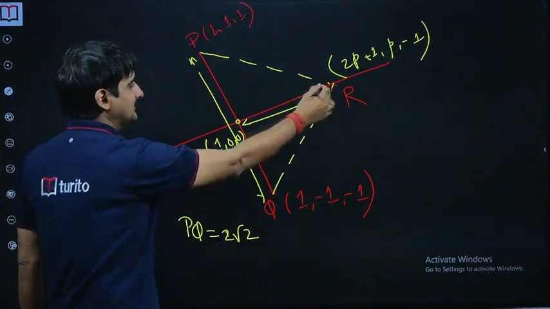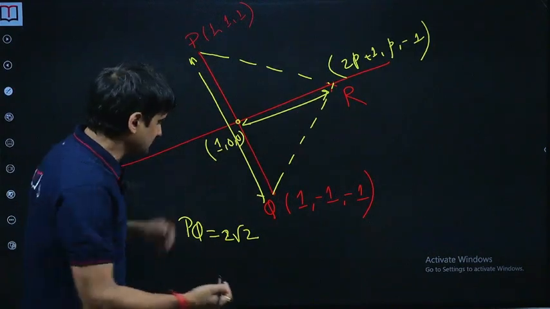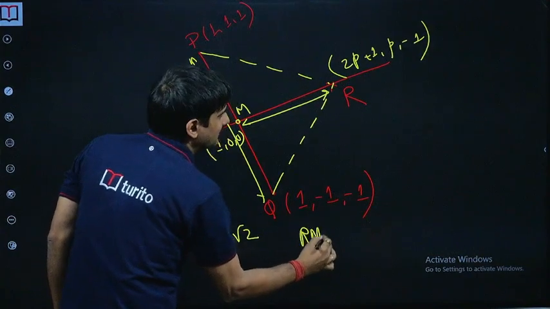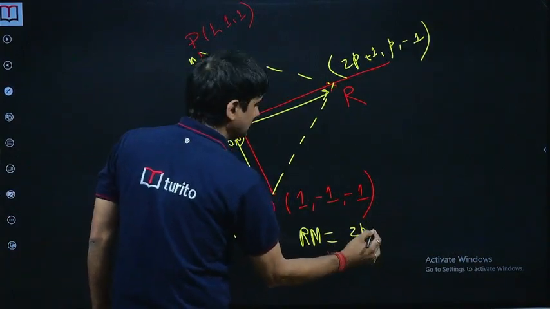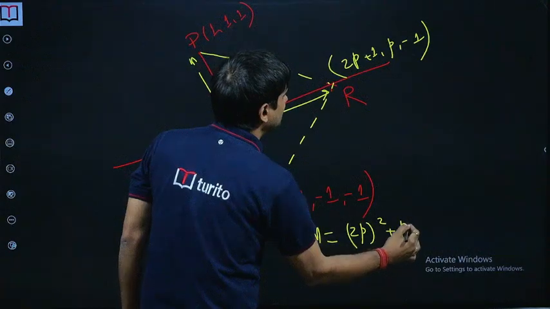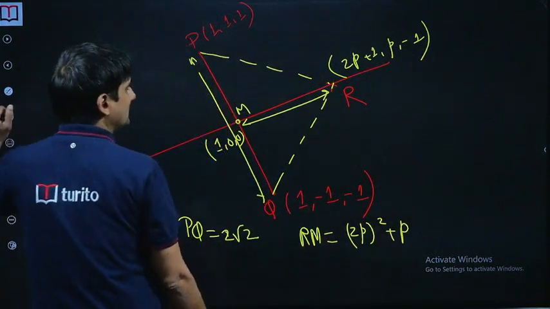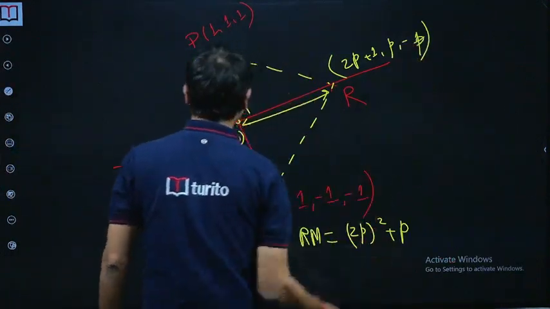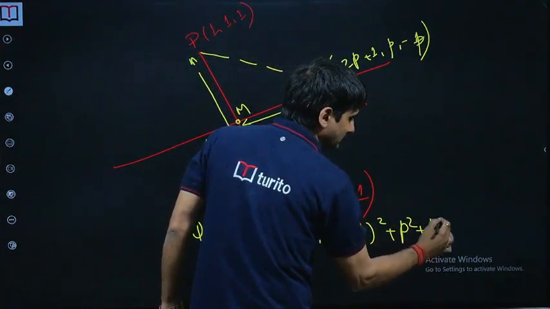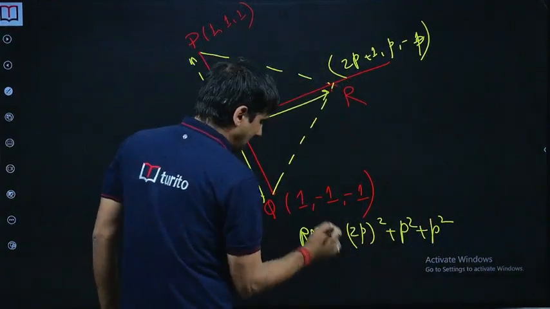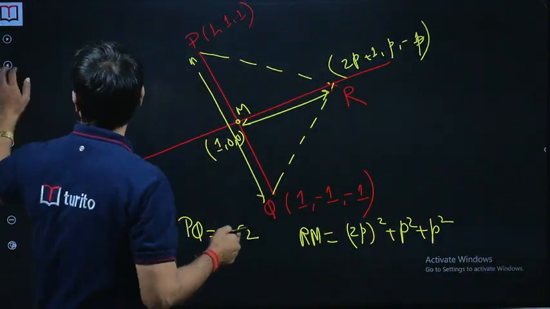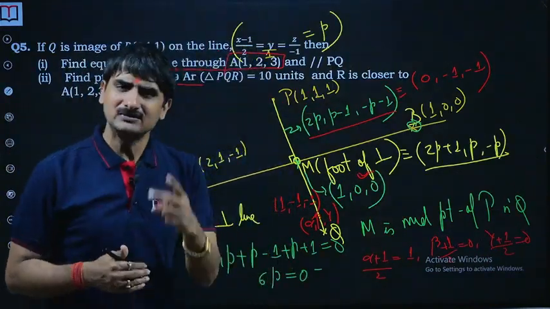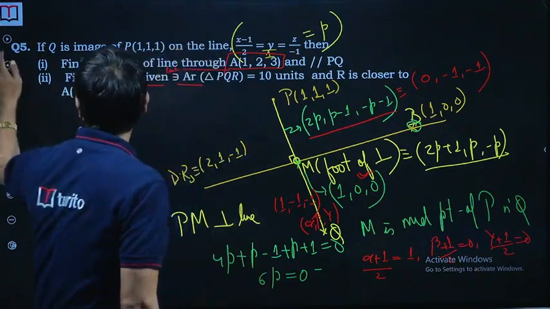Then for this distance, again using the distance formula, you can find PM, rather RM. It's 2p whole square plus p square plus p square, I think it's minus p, sorry. Half base into height, whatever area is given, we will equate it to get the value of p. You will get two values of p because of this square here.